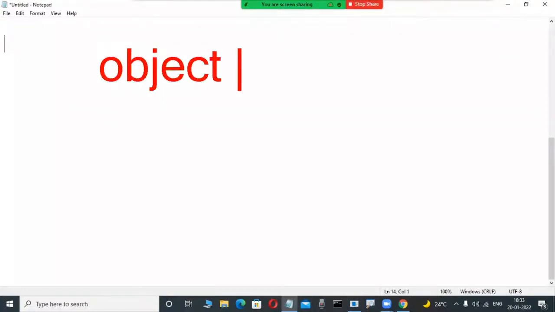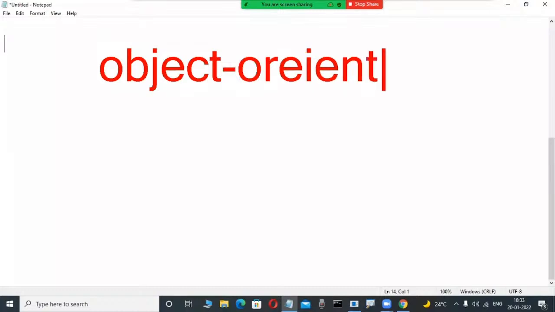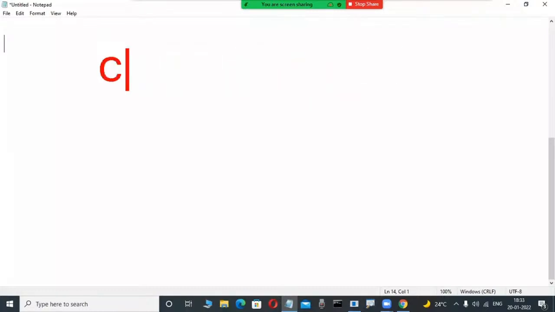Suppose there are so many object-oriented languages. A little bit of technical knowledge is there. Object-oriented languages exist worldwide. Maybe many fellows have an idea. What are the object-oriented languages? C++ is an object-oriented language. Java is a popular object-oriented language.